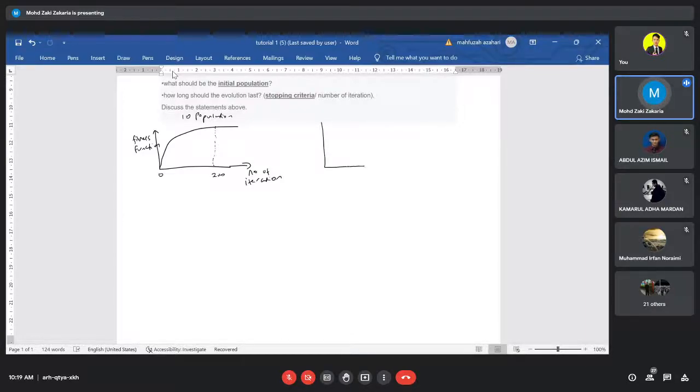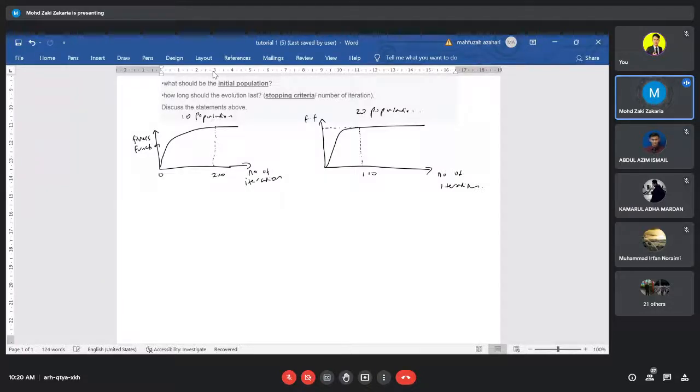Then for another experiment, maybe the graph looks like this. This is the fitness function, and x is the number of iterations. The convergent point is at this point. Maybe here is 100 iterations, so for 20 population.